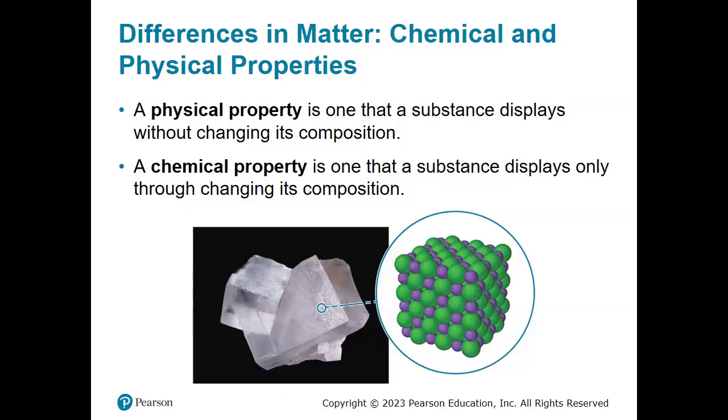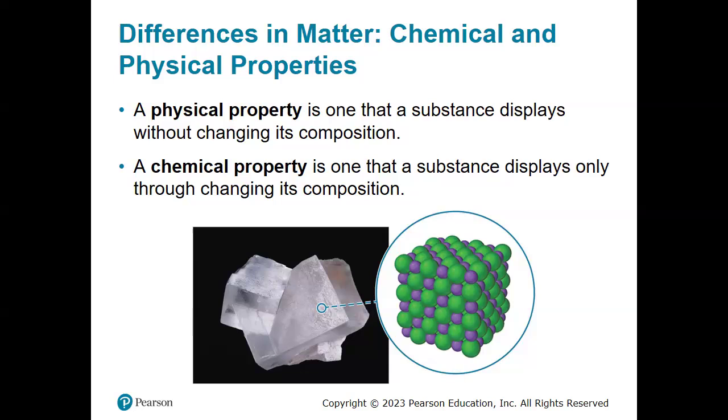Chemical properties, on the other hand, would be, well, what if I took that salt crystal and I tried to burn it? Well, what I would find is that the salt crystal would not burn. That would give me an idea about the chemical property of flammability. We would describe salt as non-flammable or not flammable, as opposed to something like gasoline, which is highly flammable.